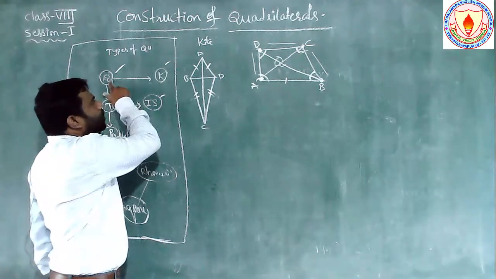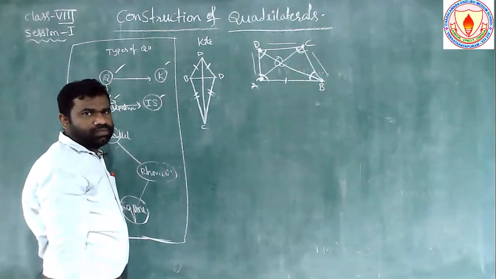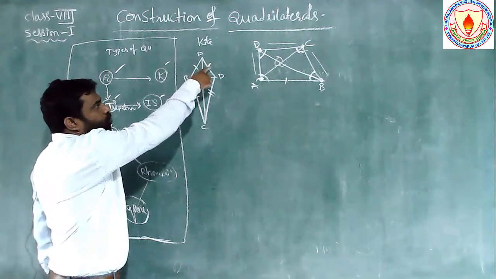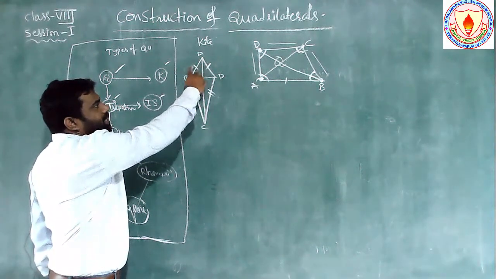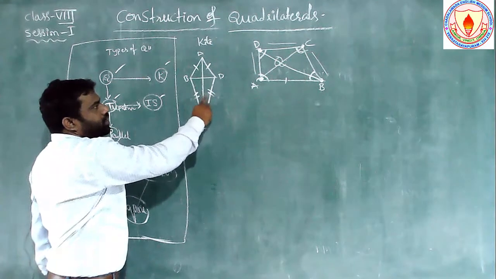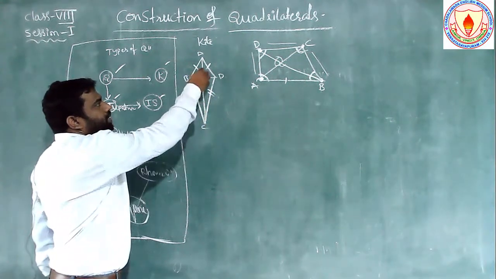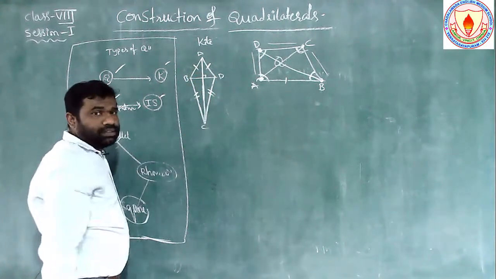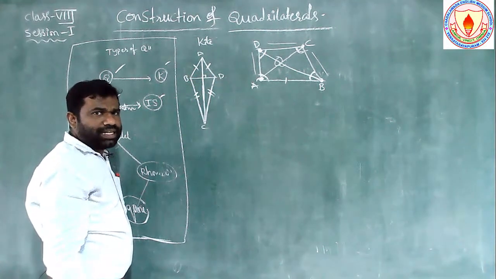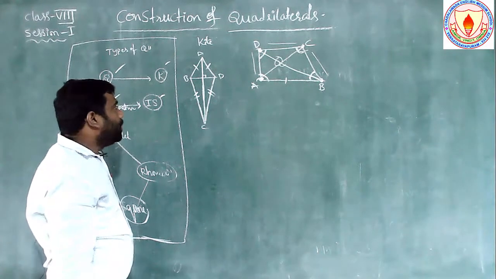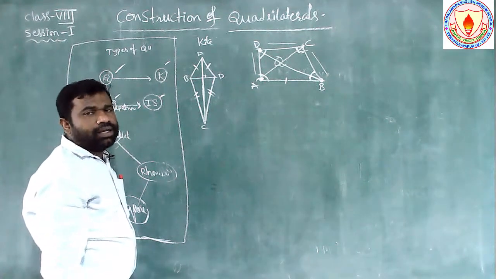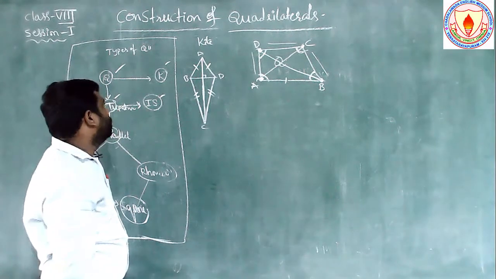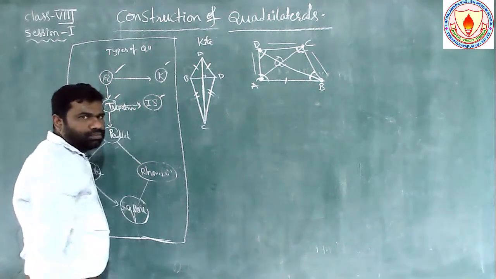Then the quadrilateral is said to be a kite. Properties of a kite: two pairs of adjacent sides are equal, and the diagonals are perpendicular bisectors, so 90 degrees. That is the kite definition.